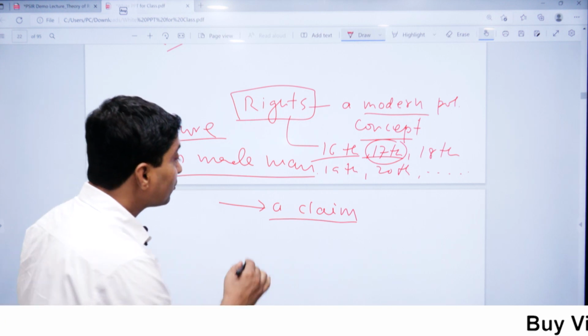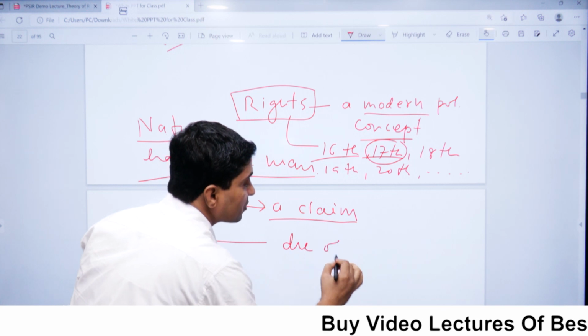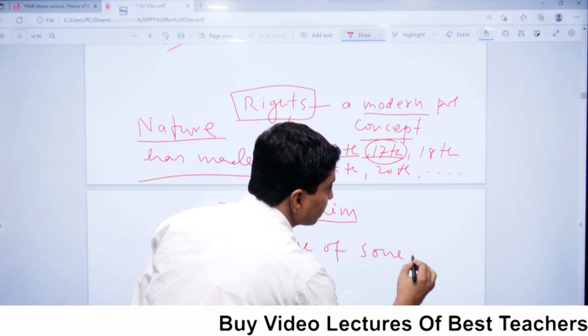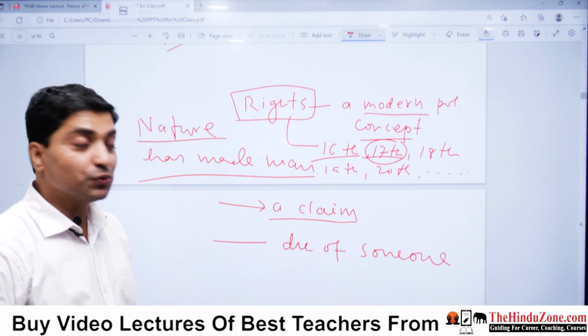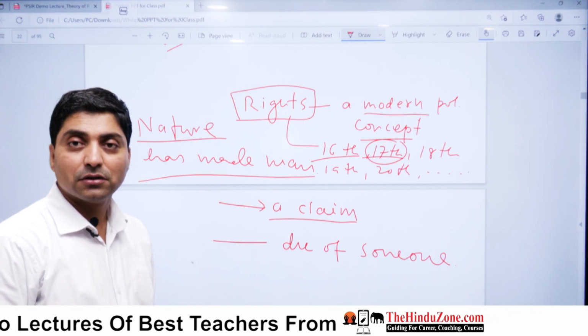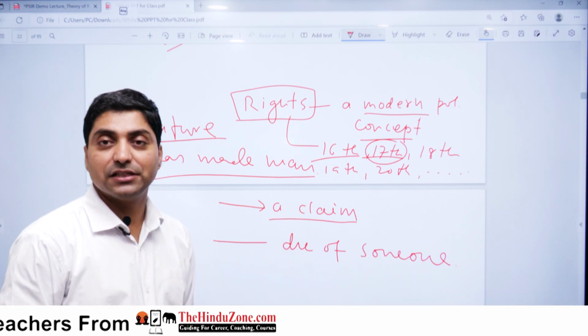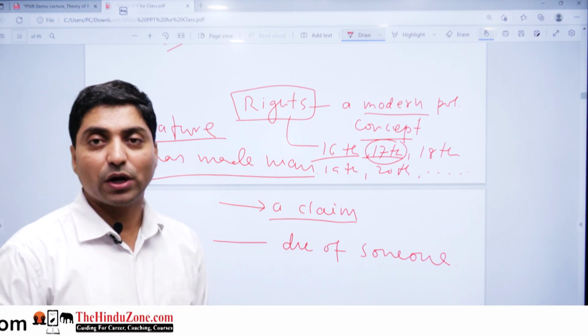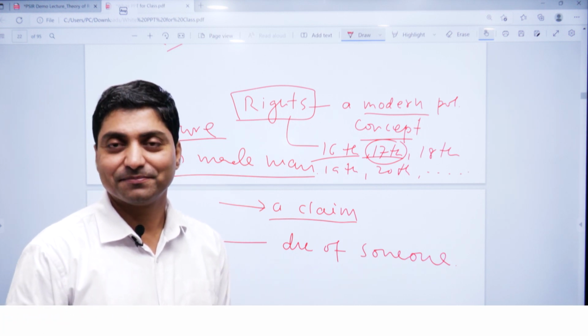Then right is the due of someone. For example, if I have taken money from someone, that means he has right over me.